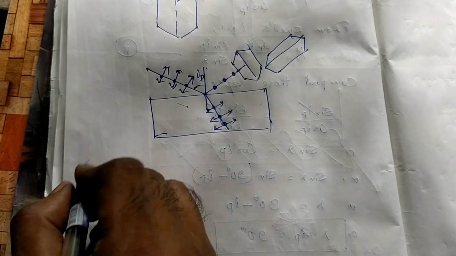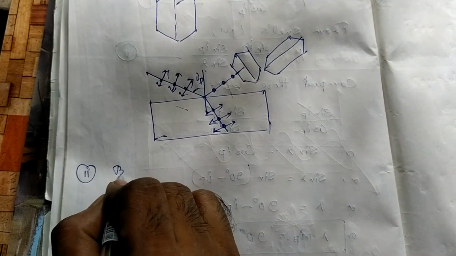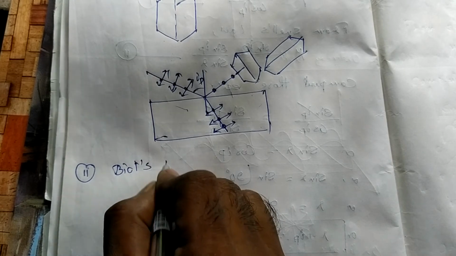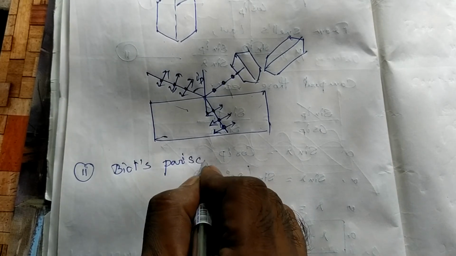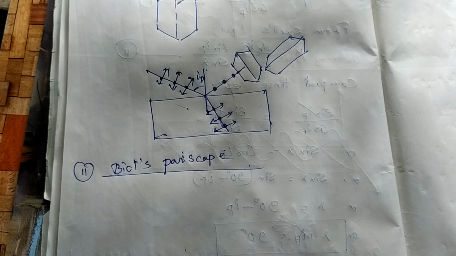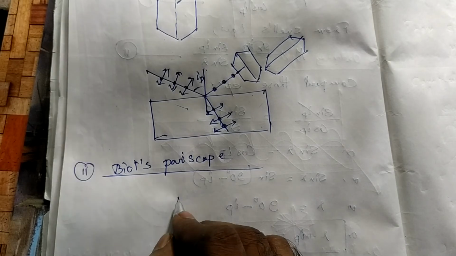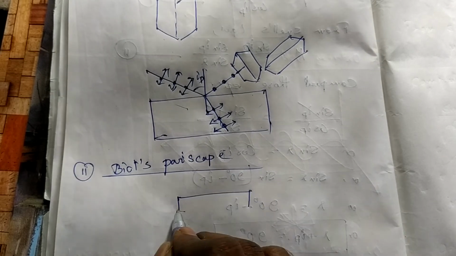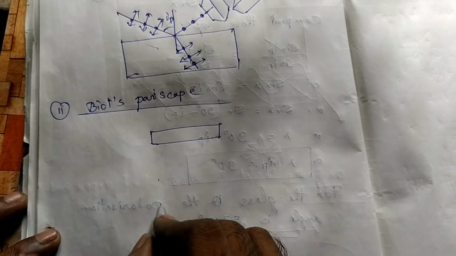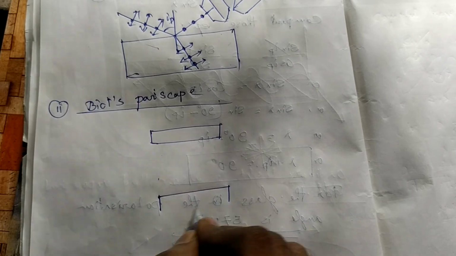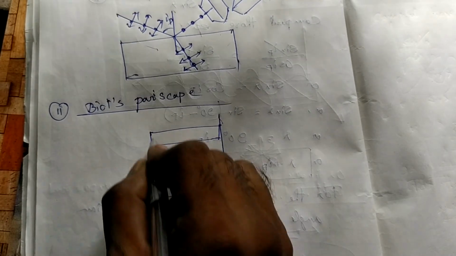Another process is Biot's polariscope. In this method we need two slabs of glass in a box.